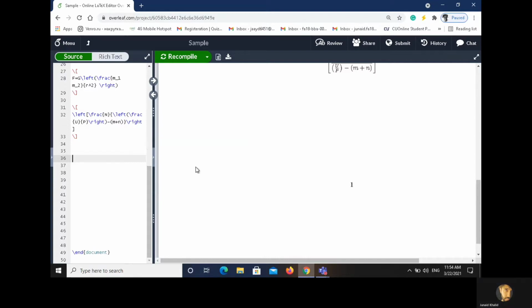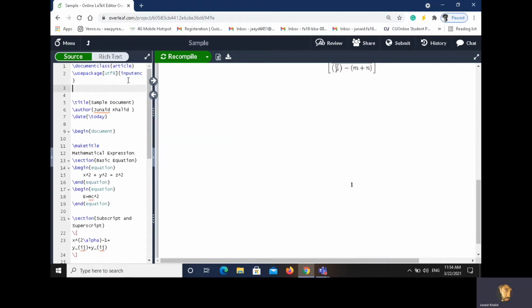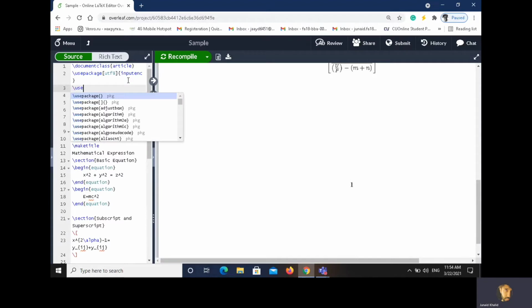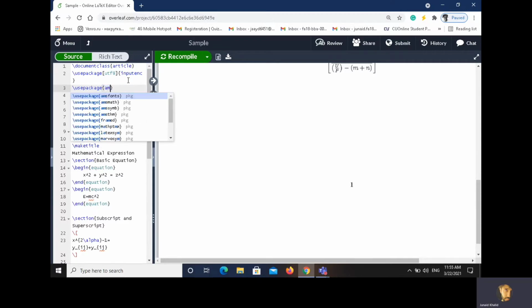Let's create a new section of matrices, but before writing matrices in LaTeX, we have to load the package amsmath in our preamble.